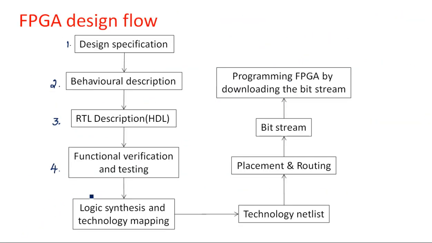Okay, so once the testing is okay, then we move to logic synthesis and technology mapping. See, till this functional verification and testing you have seen in the case of the VLSI design flow. Our next task is to create the synthesized file, netlist, bit stream and then dump it onto the FPGA board.